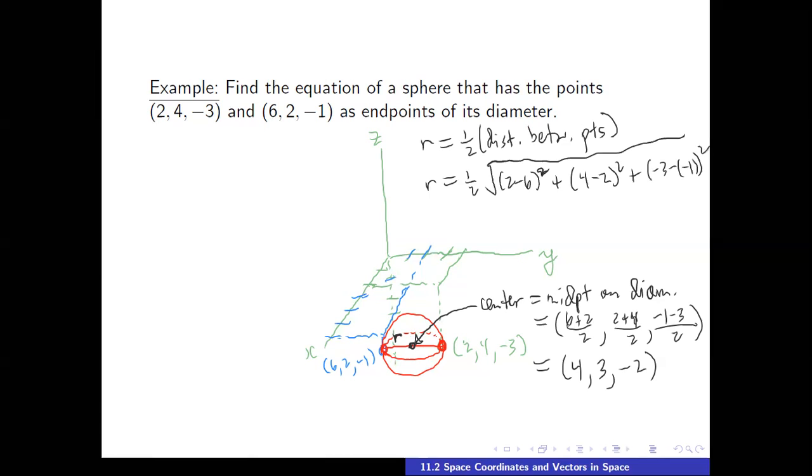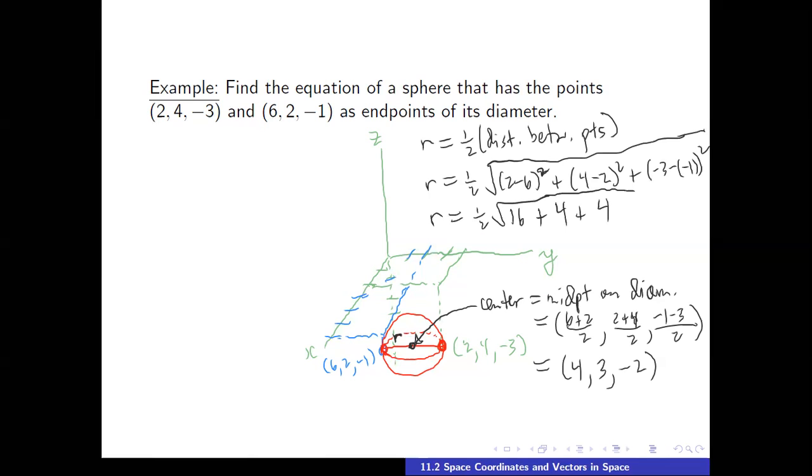So my radius is going to be 1/2 square root of 2 minus 6 is negative 4 squared is 16, plus 2 squared is 4, plus negative 3 minus negative 1 is negative 2 squared is 4.